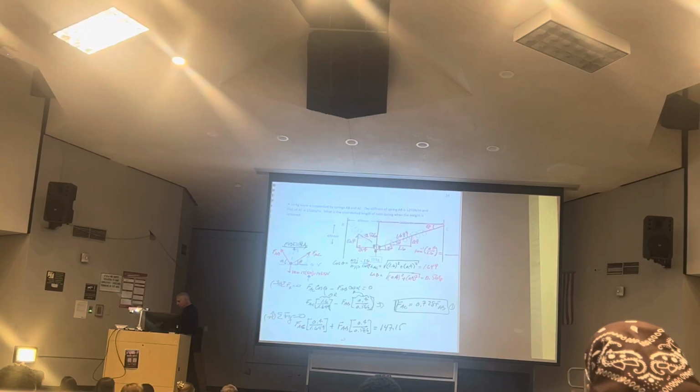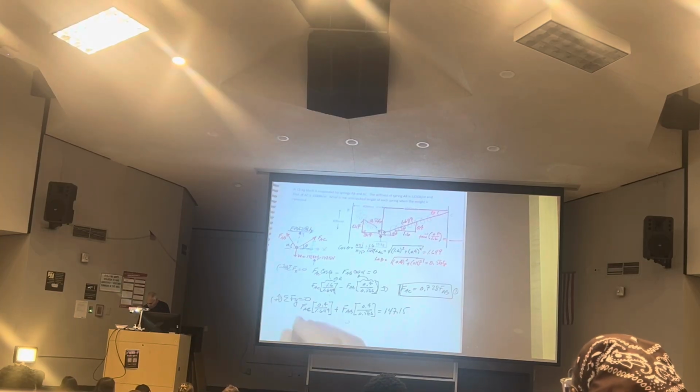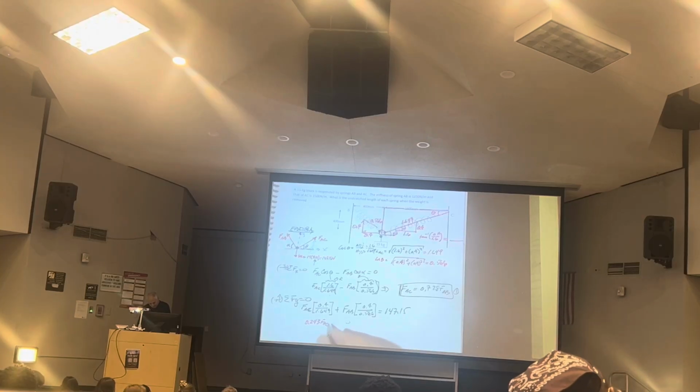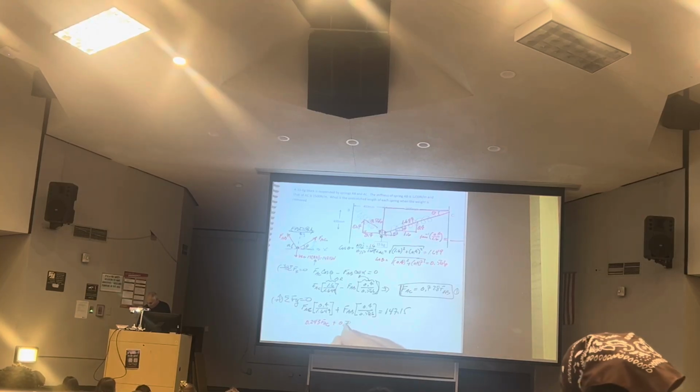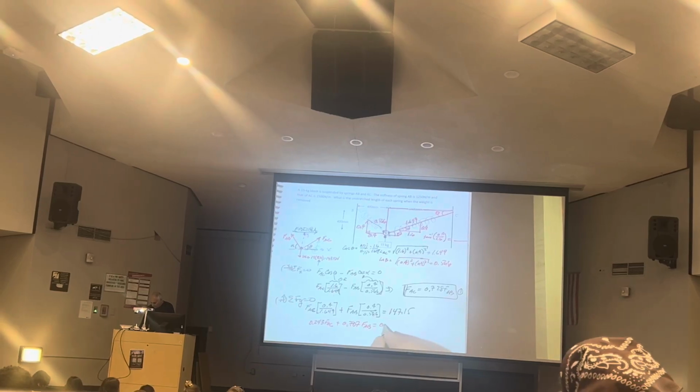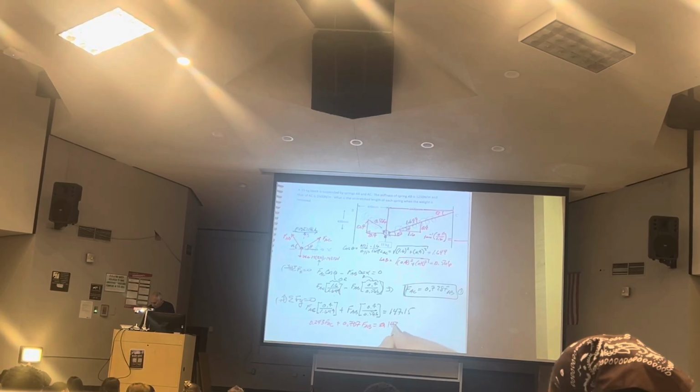This is going to reduce down to 0.243 FAC plus 0.707 FAB equal to 147.15.